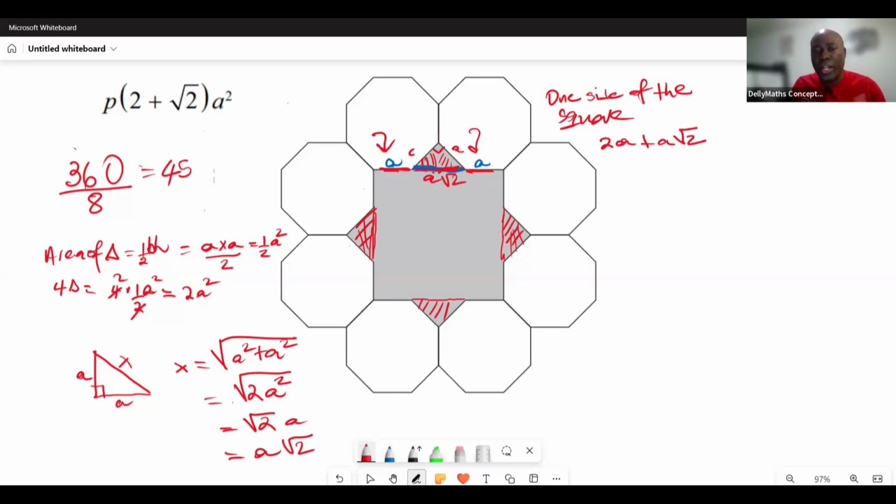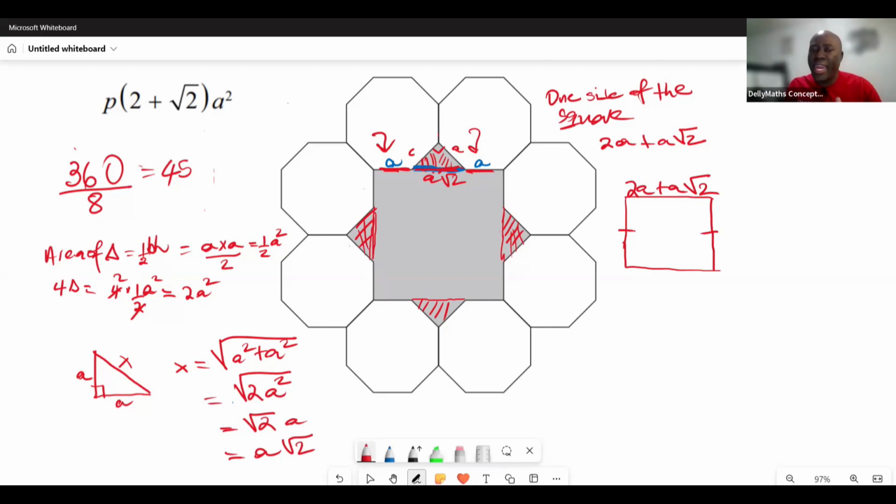That's the length of one side of the square. So basically what I'm suggesting here is that one of the sides of the square in the middle is actually this, 2A plus A root 2. So that's one side. Remember, because it's a square, all the sides are the same.